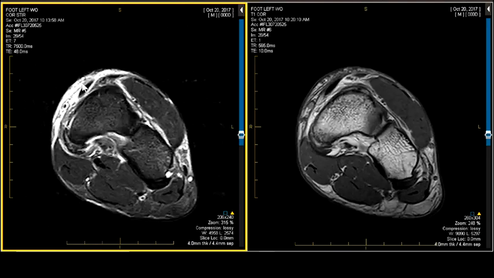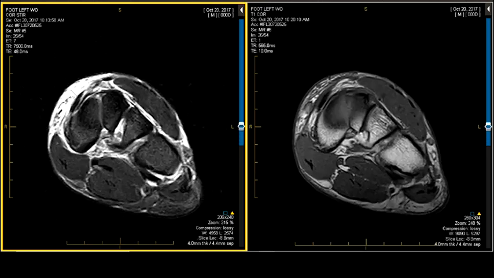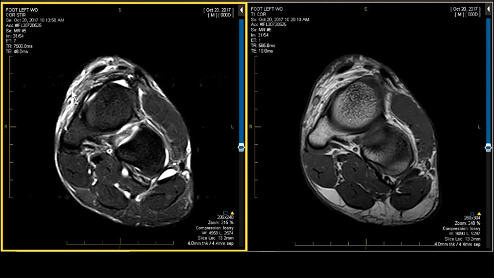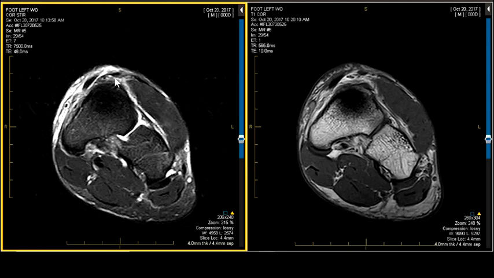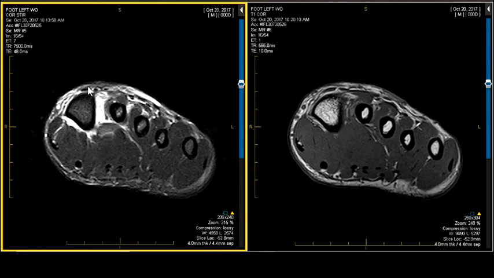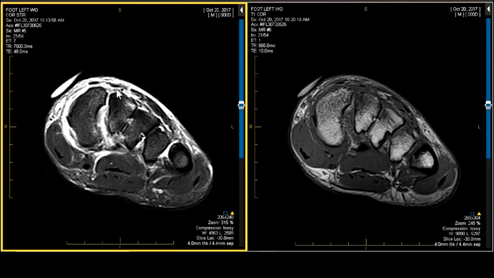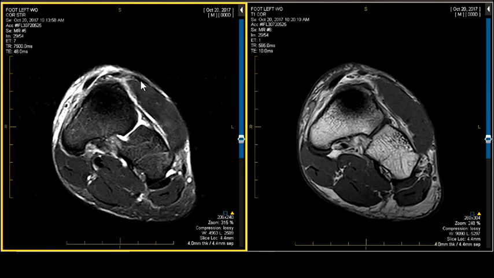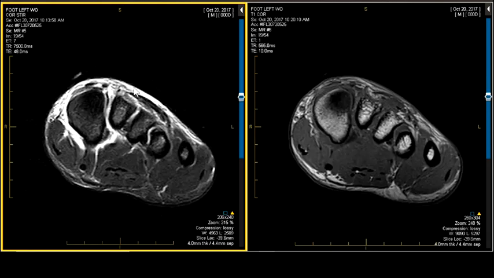It's okay, even though there's lots of swelling in the neighborhood, that has to be a worry with the pattern of swelling. Here's your extensor digitorum, your extensor hallucis going to the great toe. And there are your extensor digitorum structures fanning out and going everywhere.